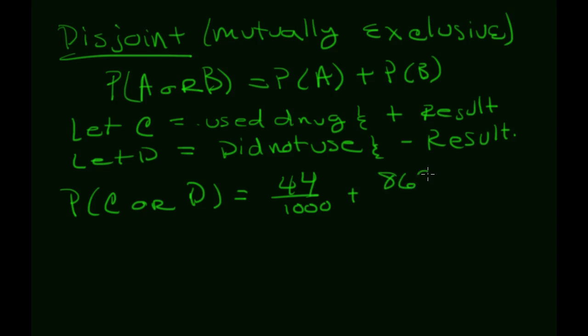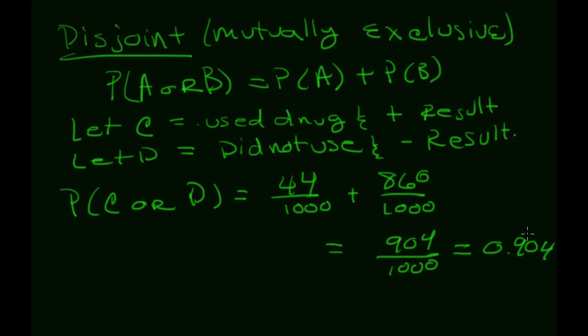There are 860 people out of 1,000 who did not use drugs and got a negative result, which means that there's a total of 904 out of 1,000 people who either used drugs and got a positive result or did not use drugs and got a negative result, so who got a true test result, which is 90.4% of the time. Now, this of course means that this test gets it wrong about 9.6% of the time.